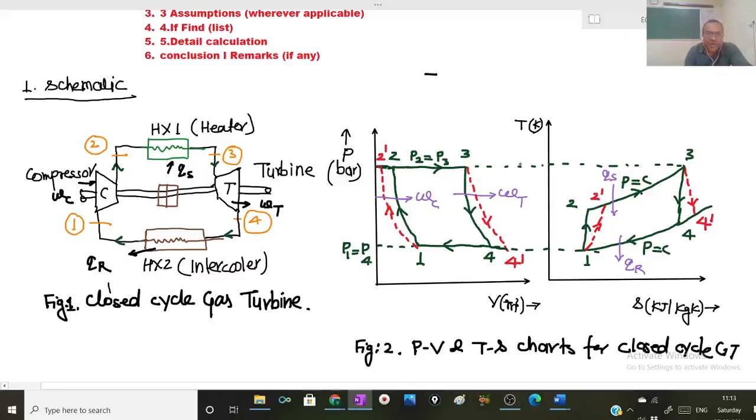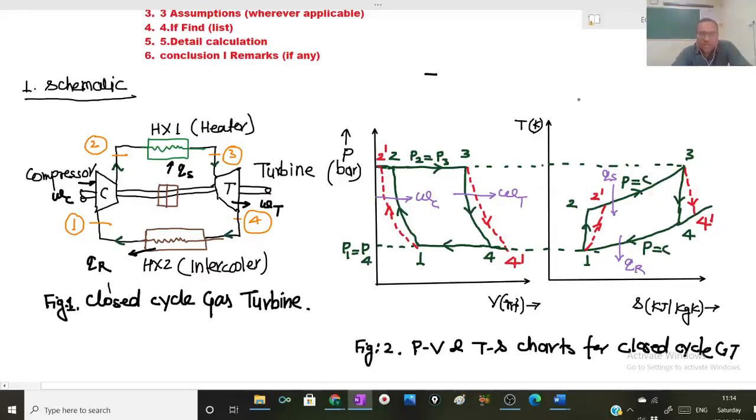Now process 1 to 2 dash, represented by dotted line in red color, represents actual compression of the air, and 3 to 4 dash represents actual expansion of the gas in turbine. So on PV and TS charts, I have represented accordingly.